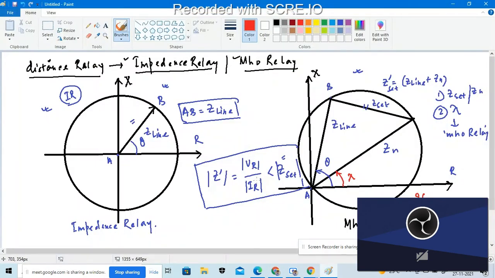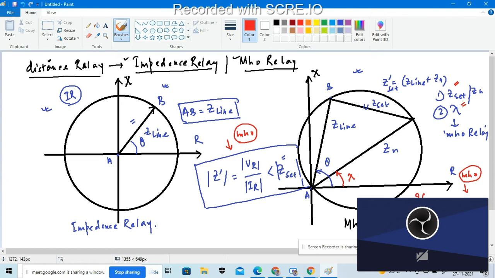So in case of a Mho relay, this is the condition for the Mho relay, because we are considering two parameters. This is also a condition for the Mho relay. Since we are considering two parameters, we have two conditions.